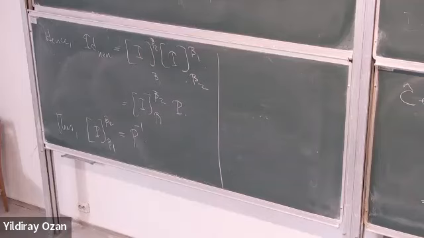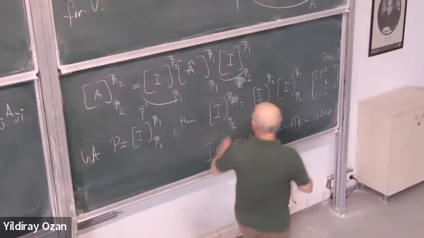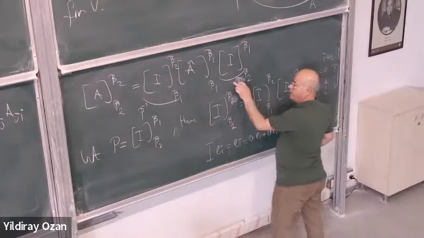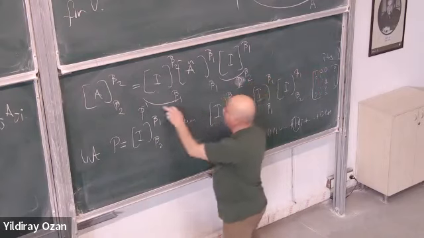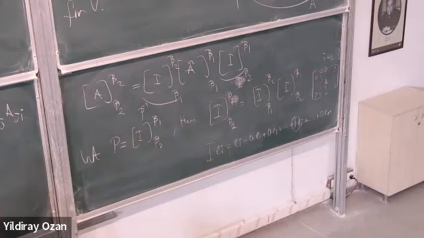Okay. So all right, this is the matrix P, and this is the matrix P inverse. So we get the following.